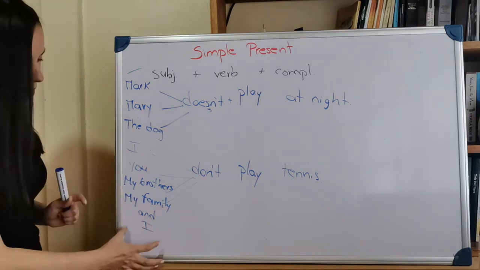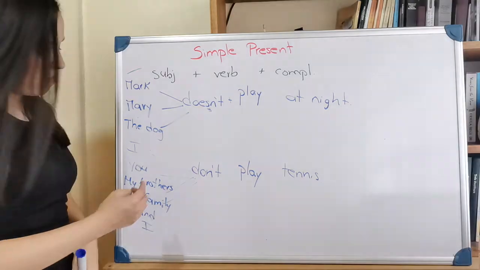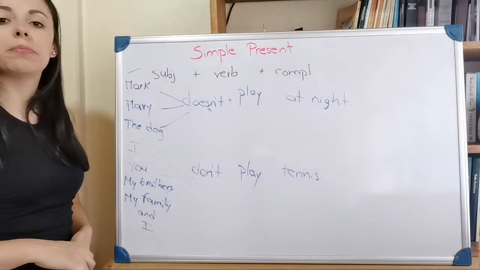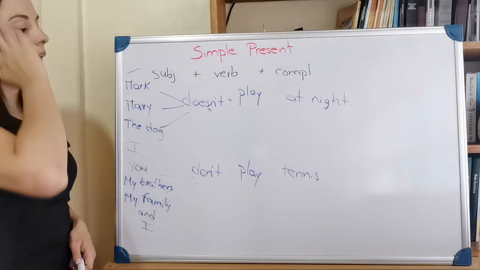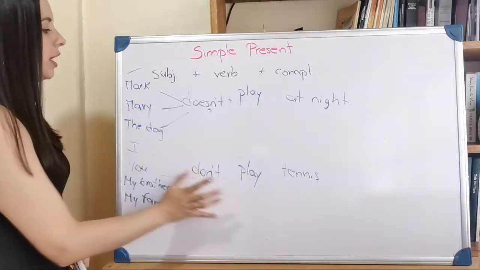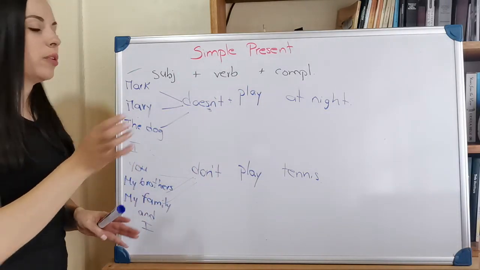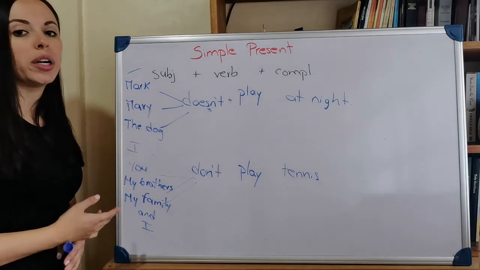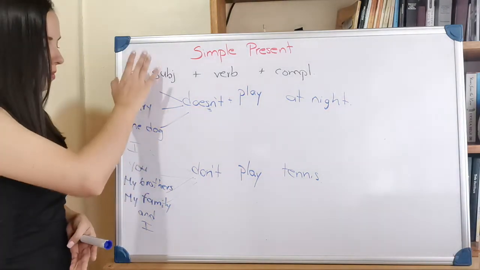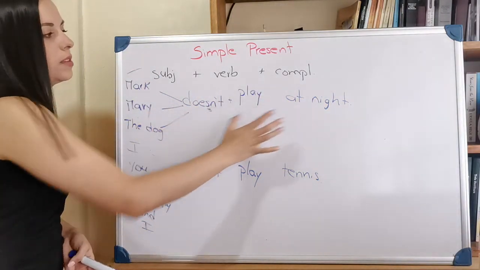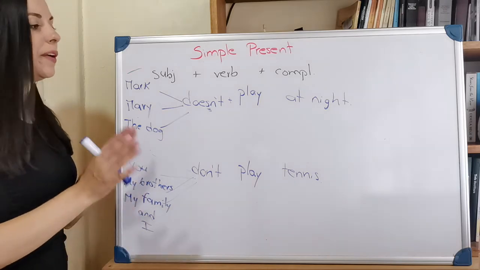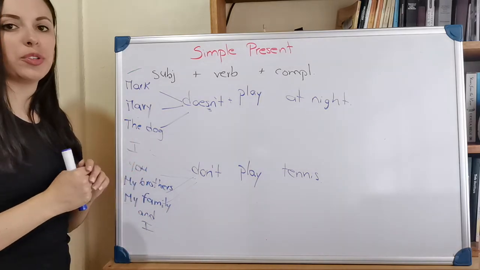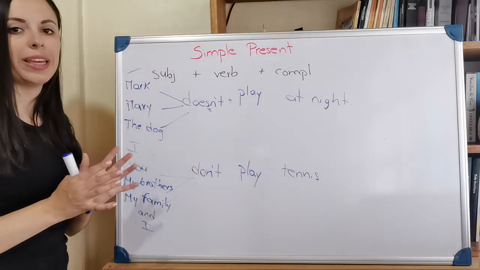Okay, my family and I, which is we, my family and I don't play tennis, right? So we have the same structure, regardless of whether we have the pronoun or the noun, okay? That doesn't affect the structure that we need to follow. Okay, so I hope this is clear, and I'm going to record a different video to explain the questions.